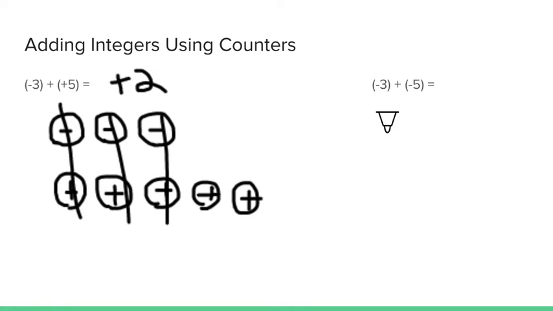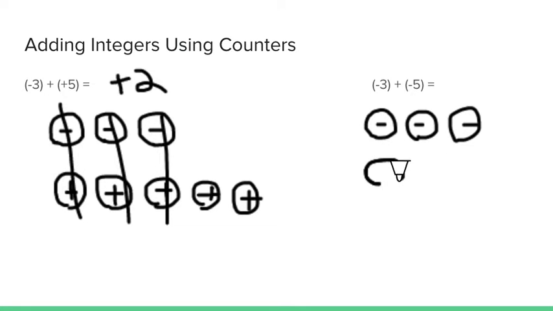If you have all the same symbol when you're adding integers, you're not going to have to do any of that canceling out. So let's start first by drawing our first number, our 3 negatives. There's our 3 negatives. And now I'm going to add on our 5 negatives, which make the second number.